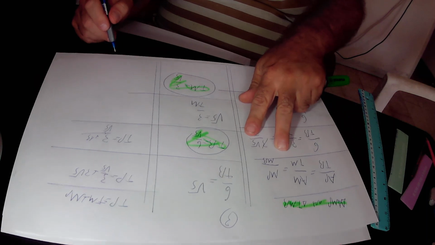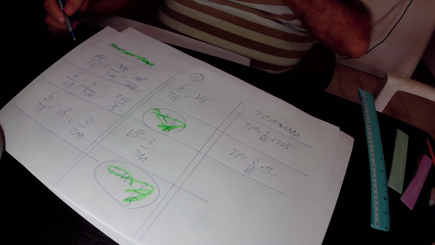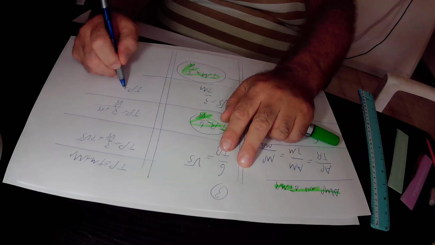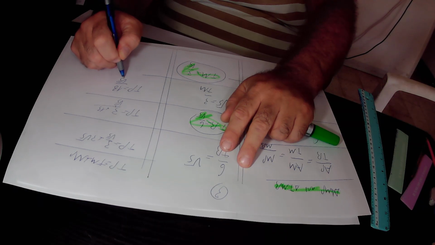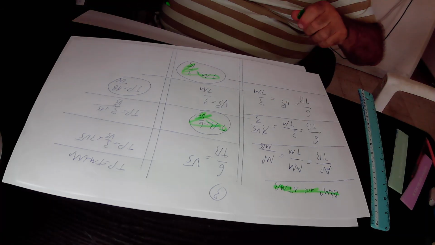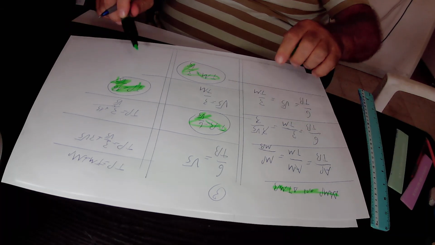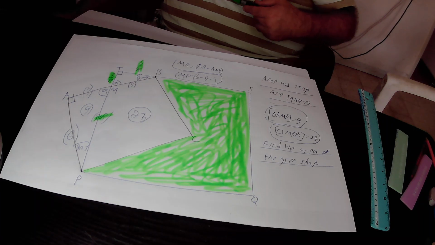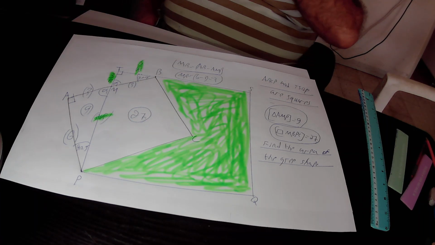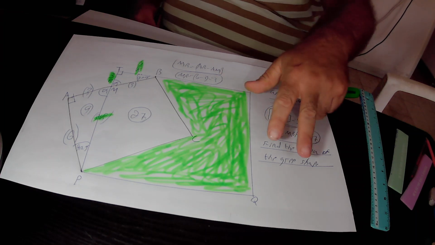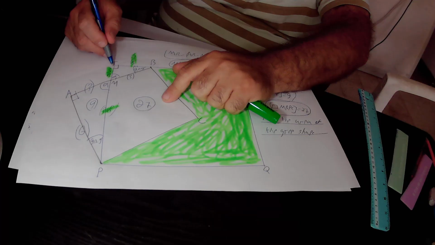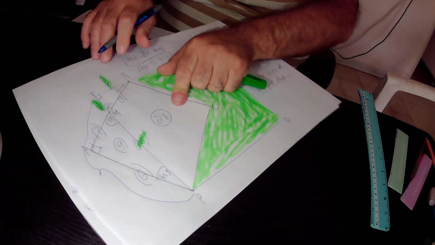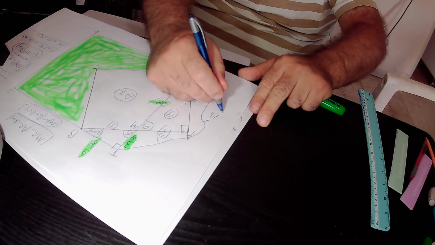So TP equals 3 plus 15 over square root of 5. 3 plus 15 is 18, so TP in total equals 18 over square root of 5 units in length.